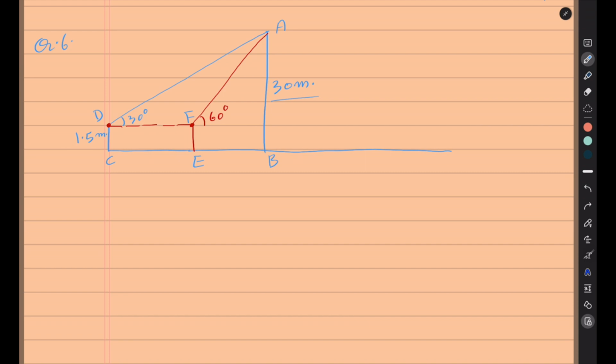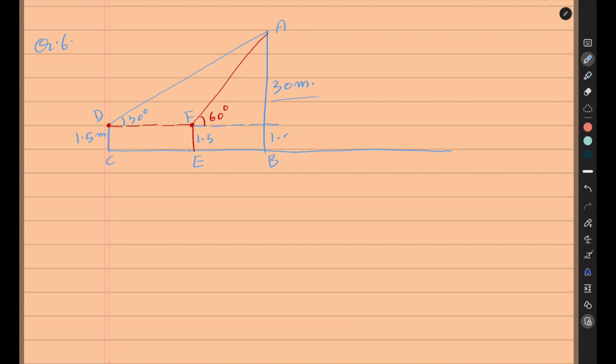Okay, so we have to apply some of our geometry knowledge here. Let us join this line and make this line parallel to the ground. So this will also be 1.5 meter, isn't it?